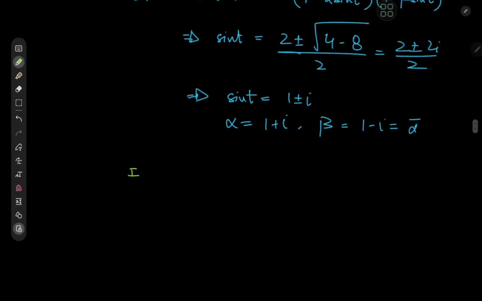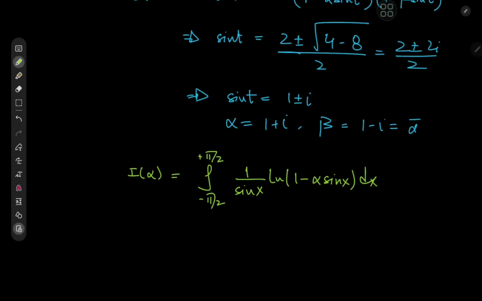We have I of some parameter alpha defined as the integral from negative to positive pi by 2. And we did have a 1 by sine t there, and I'm just going to rename the dummy variable back to x. And we need the logarithm of 1 minus alpha sine x dx. This is actually quite useful.